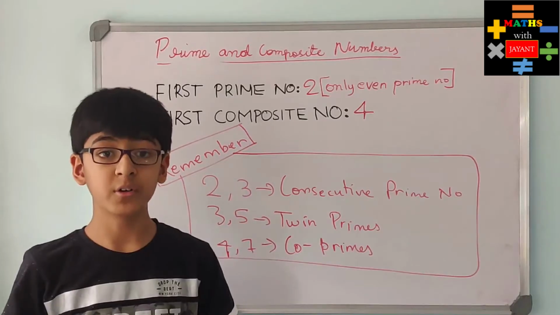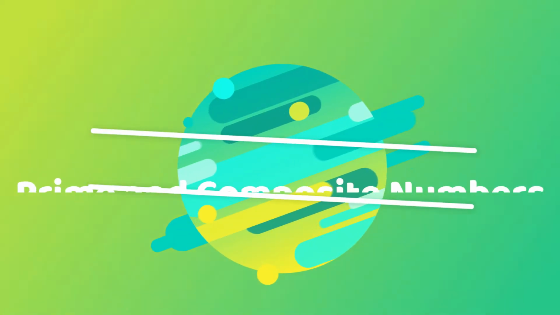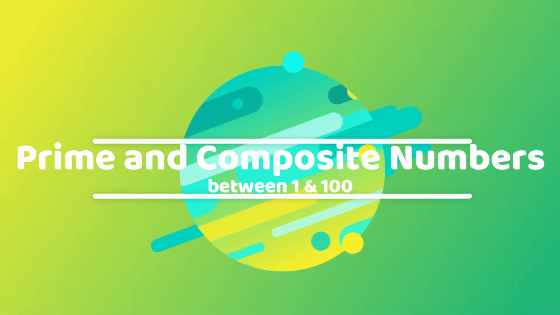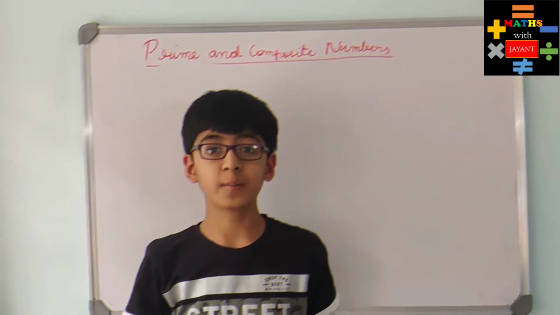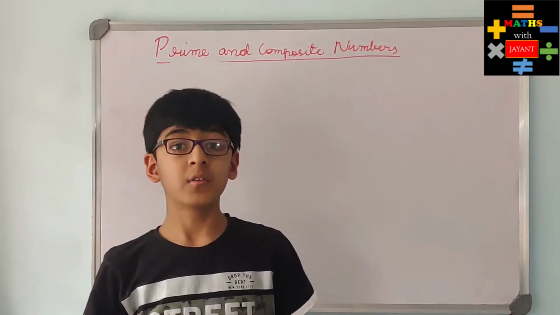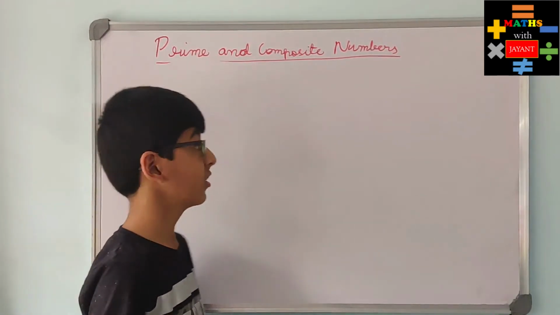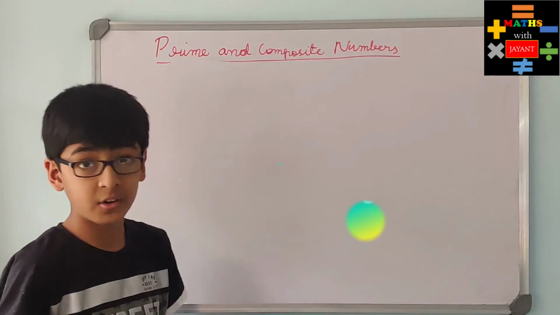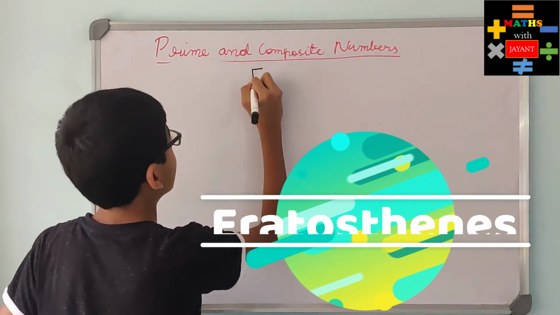Now let us move on to the prime and composite numbers from 1 to 100. Now let us learn the prime numbers from 1 to 100. There was a Greek mathematician called Eratosthenes.